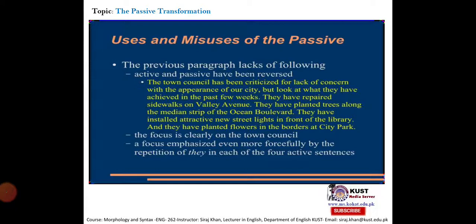They have installed attractive new street lights in front of the library and they have planted flowers in the borders at City Park. The focus is clearly on the town council, a focus emphasized even more forcefully by the repetition of they in each of the four active sentences.